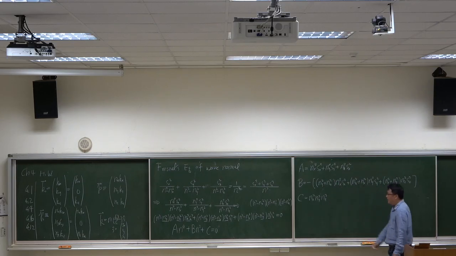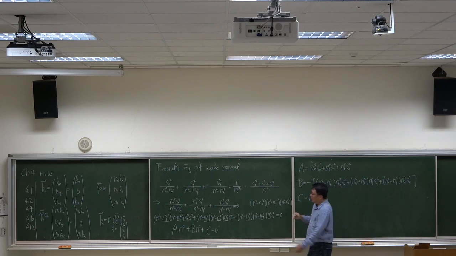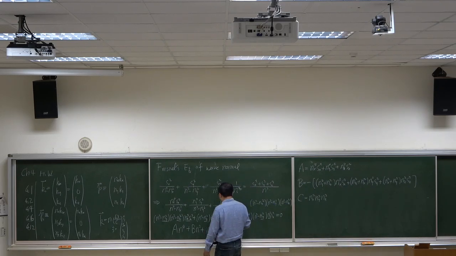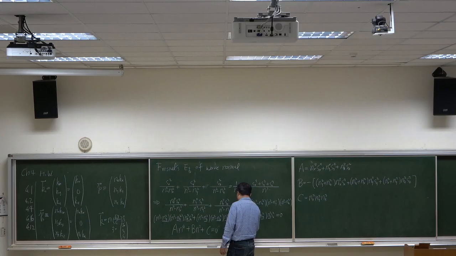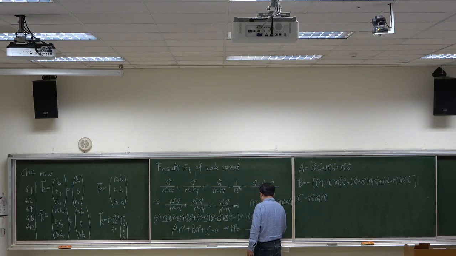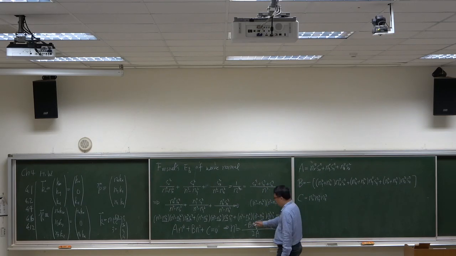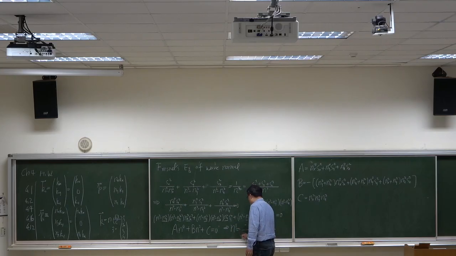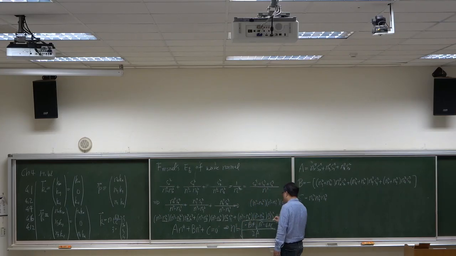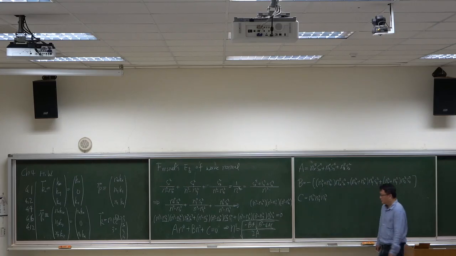So this is the quadratic equation in n squared, which we can use to solve for n squared. The n squared is this. And we can further take the root of it to get the two possible refractive indices.